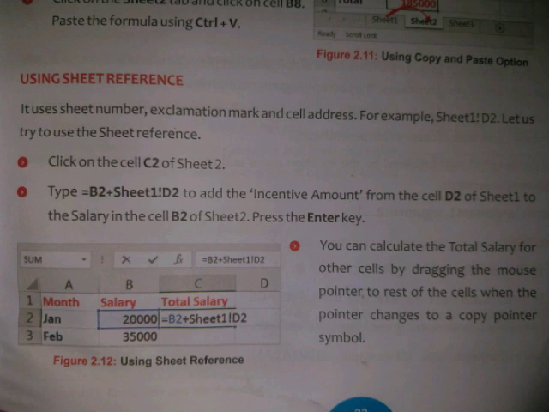What we have done is we have referred to the value of D2 from sheet 1 in sheet 2. I hope you could understand. So in order to use the sheet reference, we need to use the sheet name, that is Sheet1, then an exclamation mark, then the cell address, which is D2. That's how we can use the sheet reference.